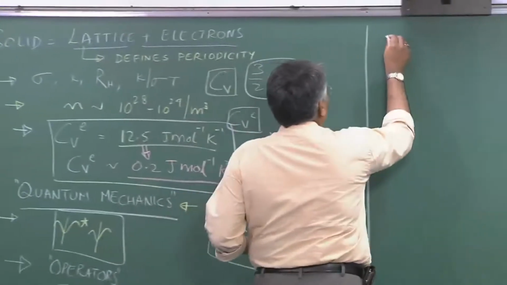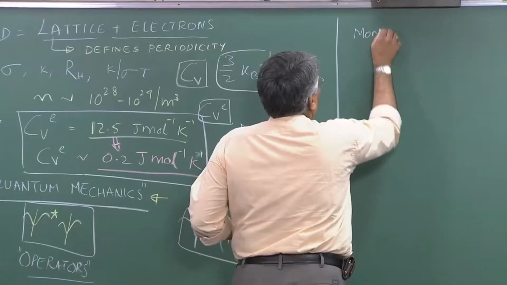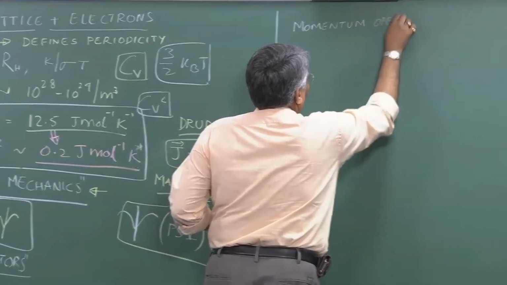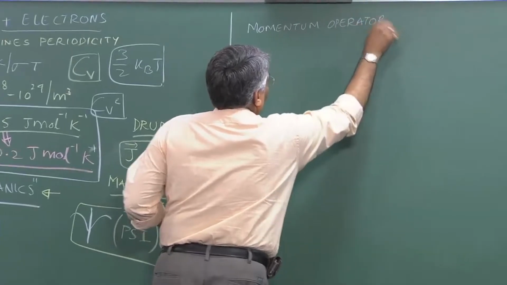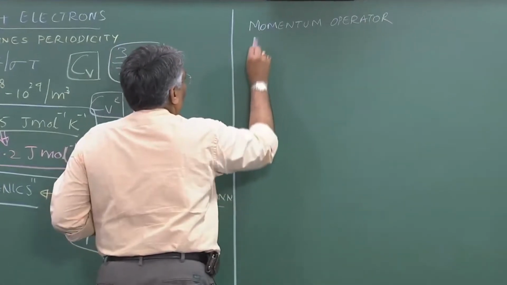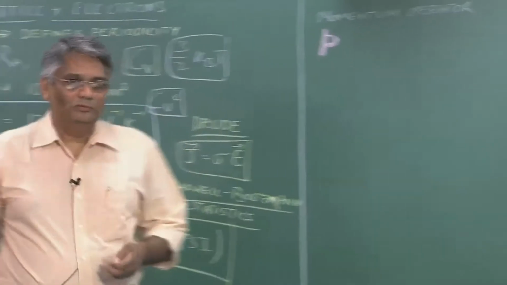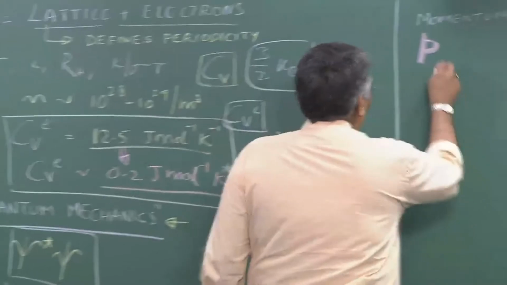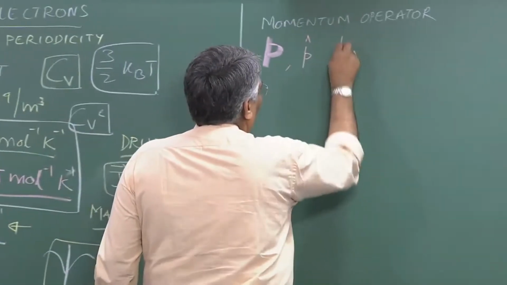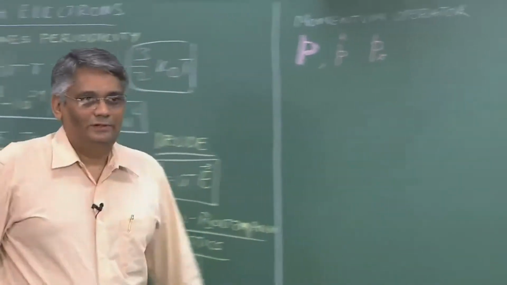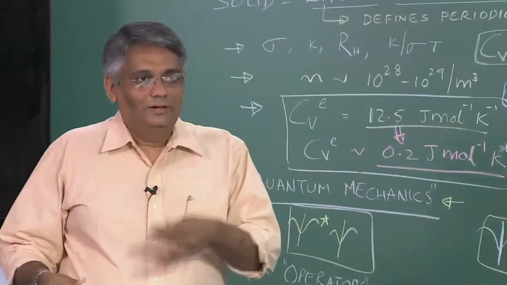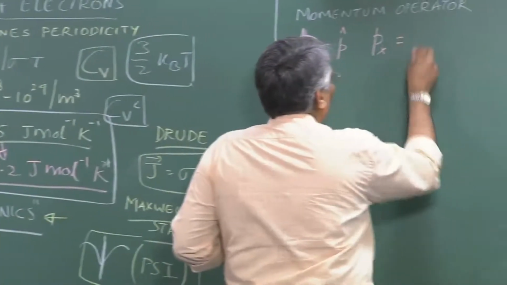You have the momentum operator, which you can write as a bold-faced letter, or you can write P with a cap on it. I can also represent it as Px, that means the momentum operator along the x-axis, which is the same along the y and z axis also.